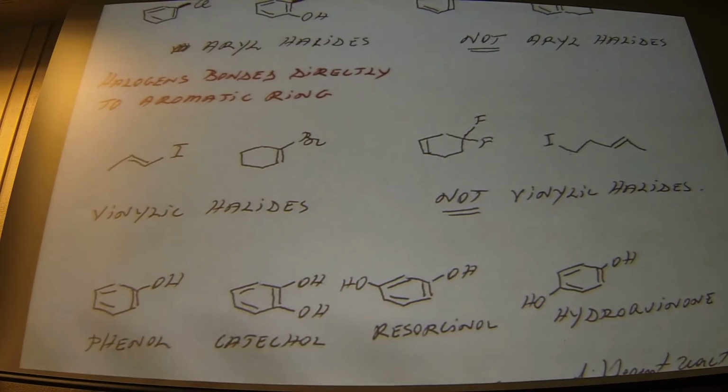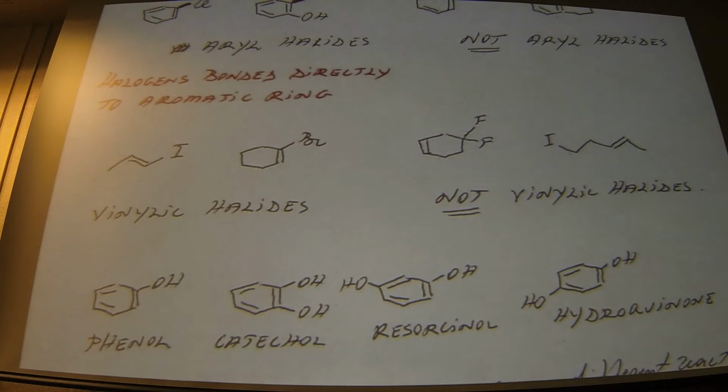Okay, so why do we make the distinction? Well, we make the distinction because you get very different kinds of reactivity depending on whether the halogen is bonded to an sp2 carbon or an sp3. We've seen the reactivity of halogens that are bonded to sp3 hybridized carbon atoms, right? This was way back when we talked about SN1, SN2, E1, E2.